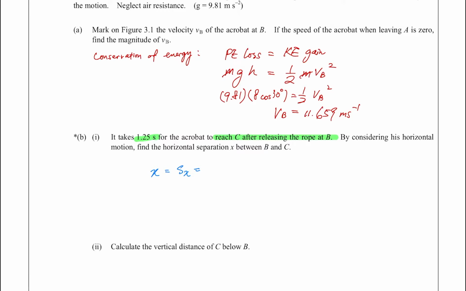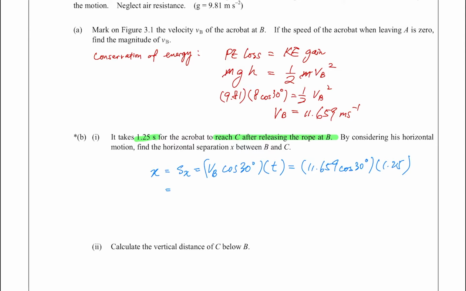X is equal to the horizontal displacement within this 1.25 seconds. So it will be equal to the horizontal speed times the time, which is 11.659 cosine 30 times 1.25.